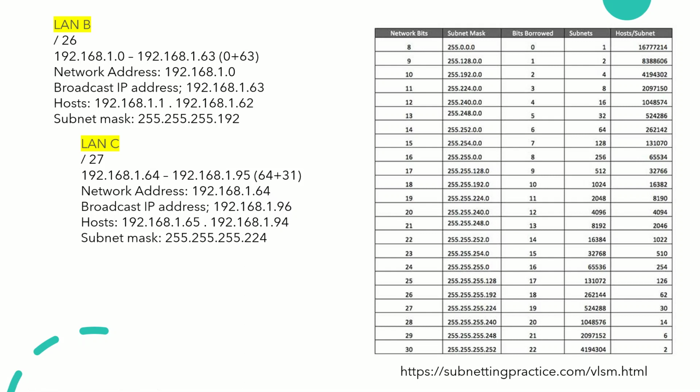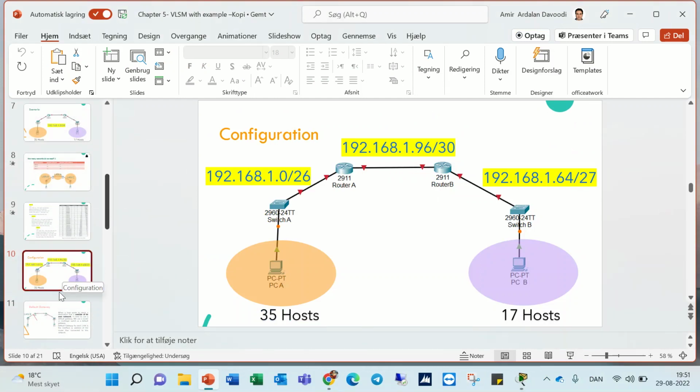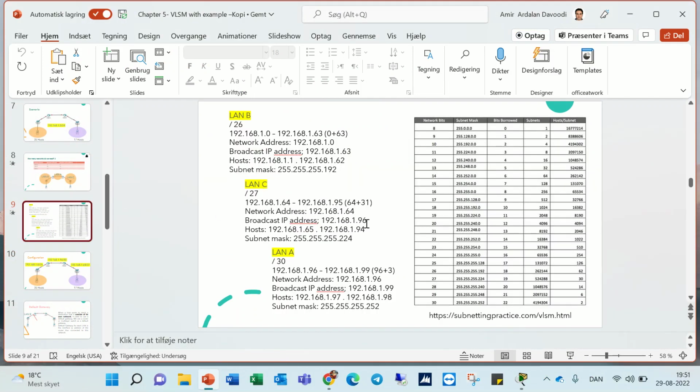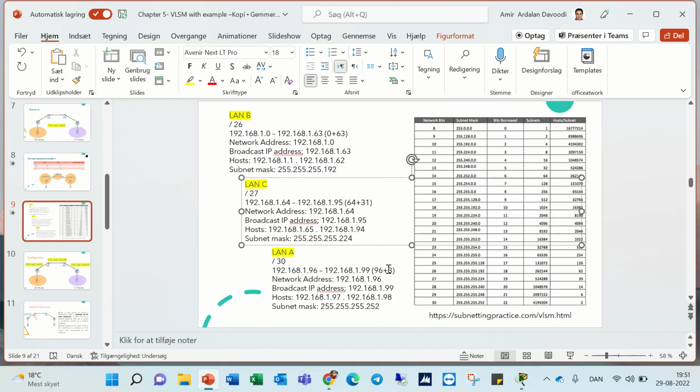And in this situation, you should write here the network address is 64, and the last IP address, it should be, excuse me, I should revise it. It's not true.